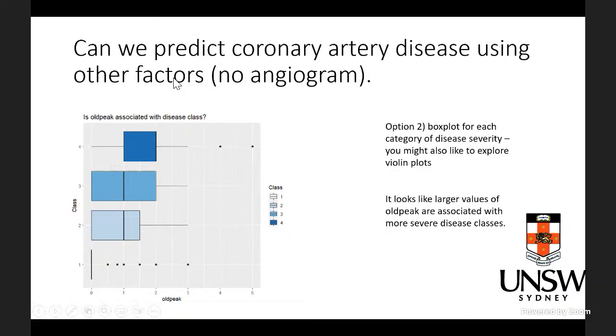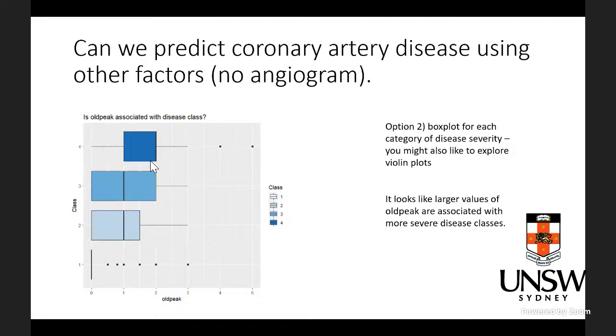Same information, it's just looking at the distribution of old peak in each class. Again, you can see that it looks like the larger values of old peak are associated with more severe disease classes. And any software should be able to do your box plots.